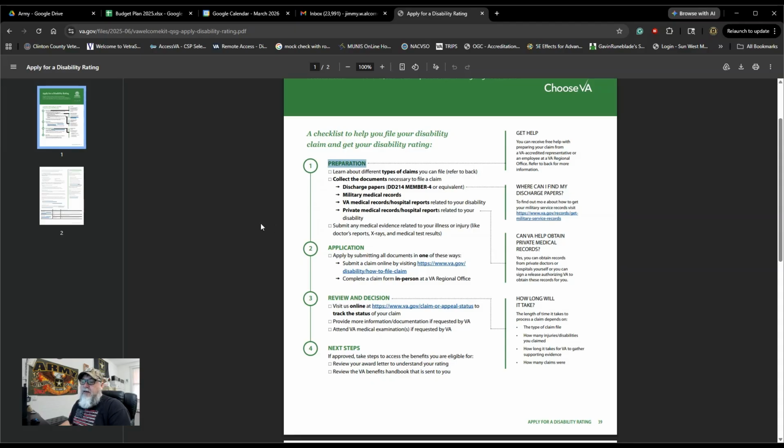Being prepared, having those documents ready to go before you apply with a veteran service officer is key. I've seen more success out of veterans who prepare and have their three elements. That is their event, that is their current diagnosis, and that is their nexus statement. You have to have all three of those to get service connected.